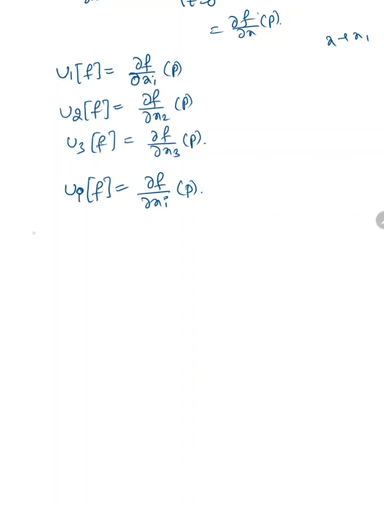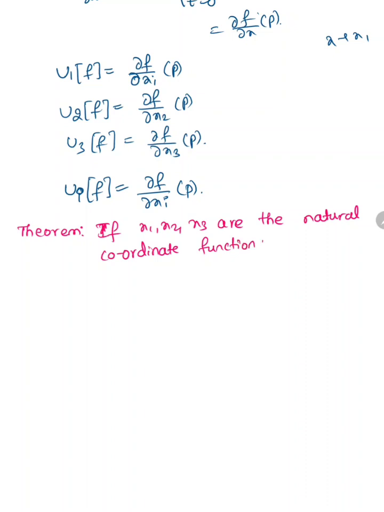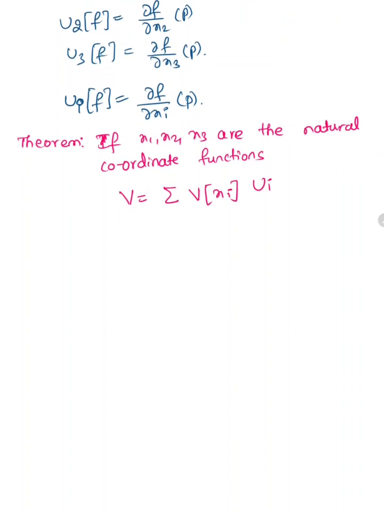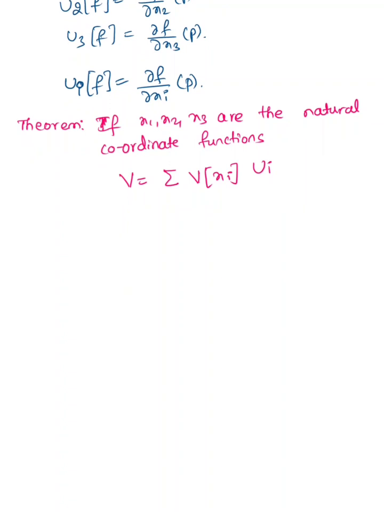It says if x1, x2, x3 are the natural coordinate functions, then v is equal to summation of v(xi) into Ui, where Ui's are the natural frame fields and v is any vector field. So let's see the proof of this.